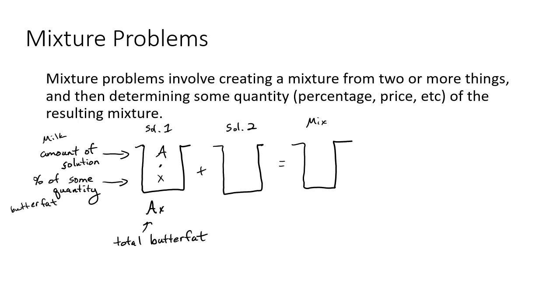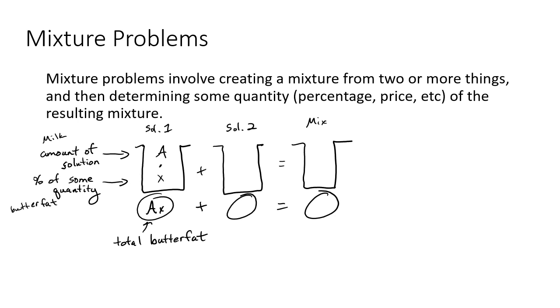The total amount of whatever we're interested in each solution. And so we're going to do that for each of the beakers, do a product going down, and then it'll be these things at the bottom of each beaker that we're going to end up using to set up our equation that we solve for our variable.